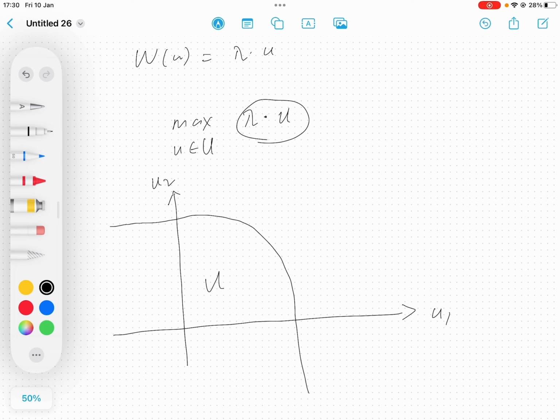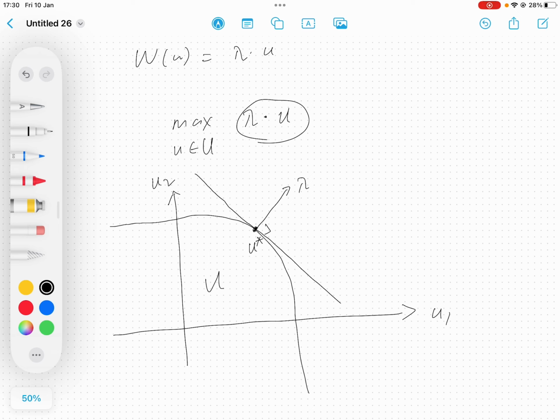That'll be some tangent line to this boundary, and that gives us this solution U star. And that lambda will be some vector which is orthogonal to this tangent line. Good, so that's just an illustration of this mathematical problem.